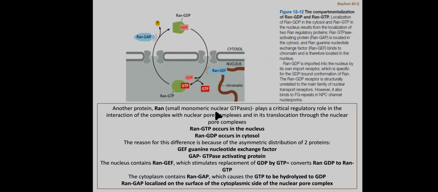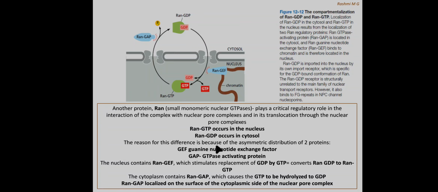RAN, a small monomeric nuclear GTPase, plays a critical regulatory role in the interaction of the complex with nuclear pore complexes and in its translocation through the nuclear pore complex. RAN-GTP occurs inside the nucleus. RAN-GDP occurs in the cytosol.